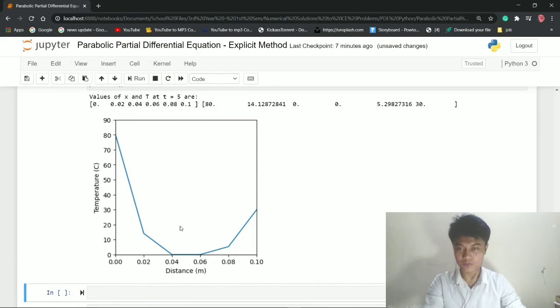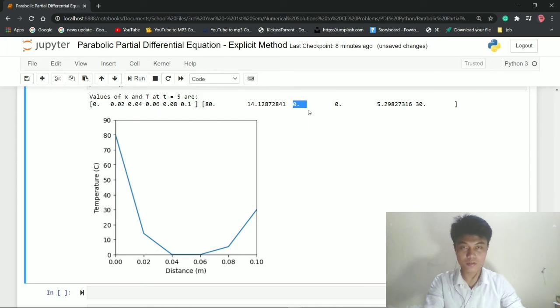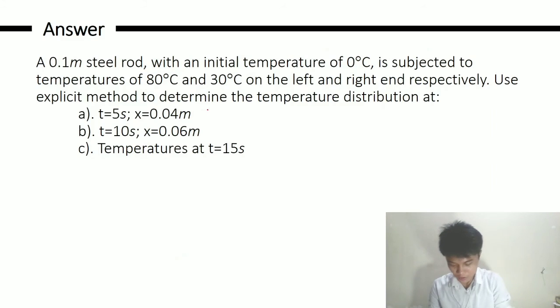At 0.04, so 1, 2, 3, 0 siya. 0 yung ating temperature at that point. So, dito, makita natin 0 pa, di ba? So, yung sagot natin dito is 0 degrees Celsius.